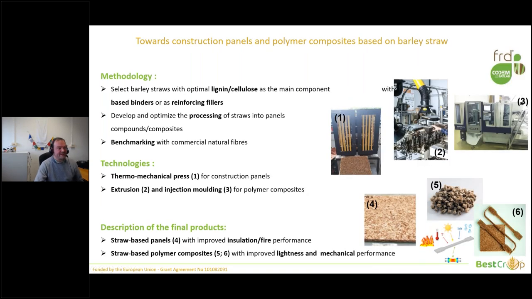With a different strategy, our partner FRD Codem will also be able to obtain from the barley straw panels with improved lightness, mechanical performance, and also improved ability to resist fire.